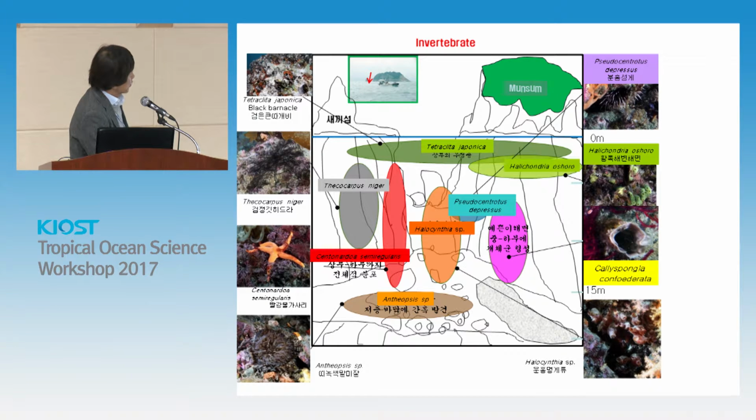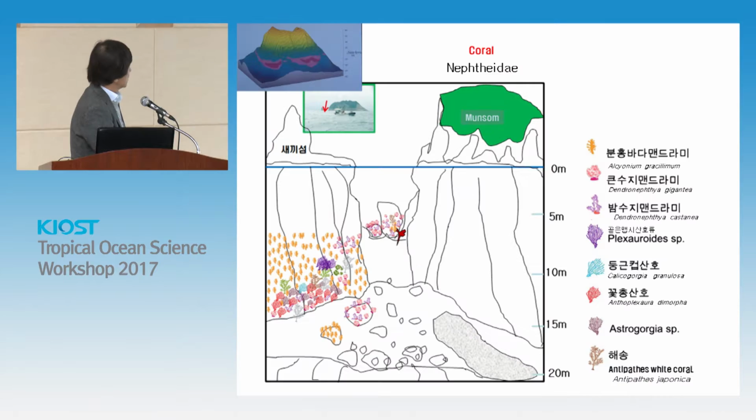And invertebrates also have detailed figures like this, urchins or barnacles and soft corals, something like that. And this is the coral map. In that area, coral colonies were found like this, and specialists drew their distribution patterns.